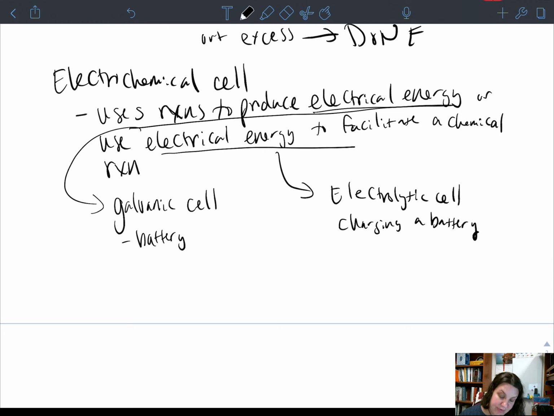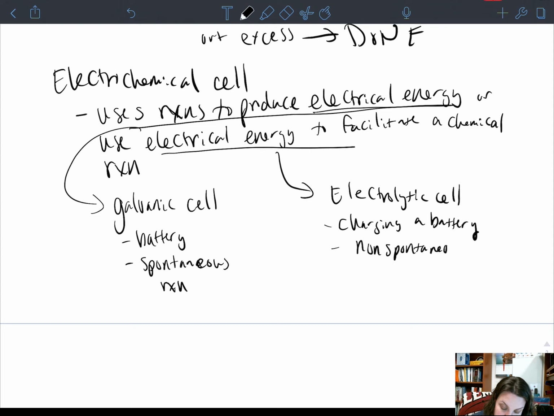So with our galvanic, it's a spontaneous reaction occurring. With an electrolytic, this is a non-spontaneous reaction. So we have a non-spontaneous reaction that is being facilitated by the addition of electrical energy.